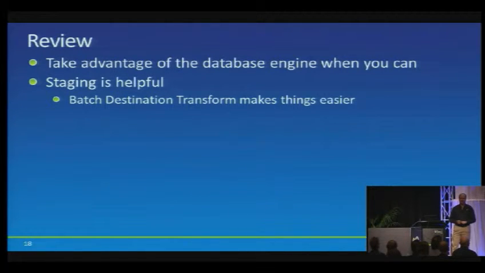Staging overall is helpful. Some places even have a separate database of its own, a staging database. By having a staging database outside of your main database, you avoid fragmentation in your main database, because staging typically receives a lot of information, you use it for a while, then you drop it. This constant adding and removing adds a lot of fragmentation in the space, so you might as well keep it within a separate database.